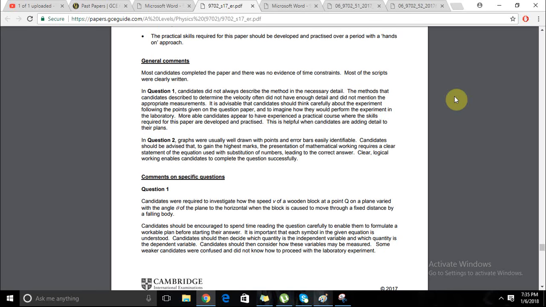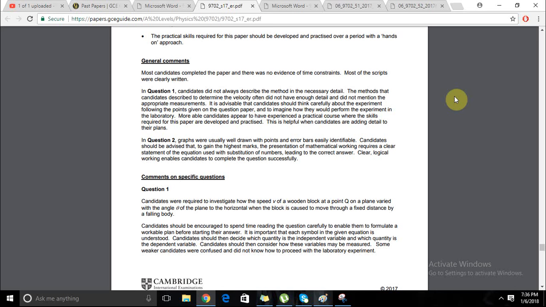So candidates were required to investigate how the speed v of a wooden block at point Q on a plane varied with the angle theta of the plane to the horizontal, when the block is caused to move through a fixed distance by a falling body.